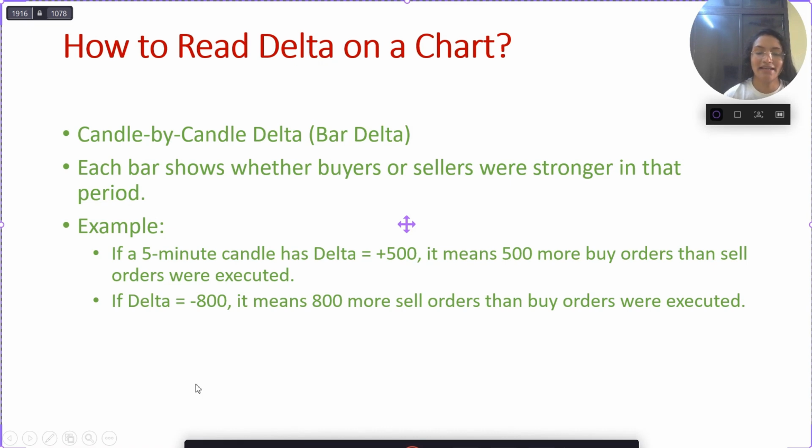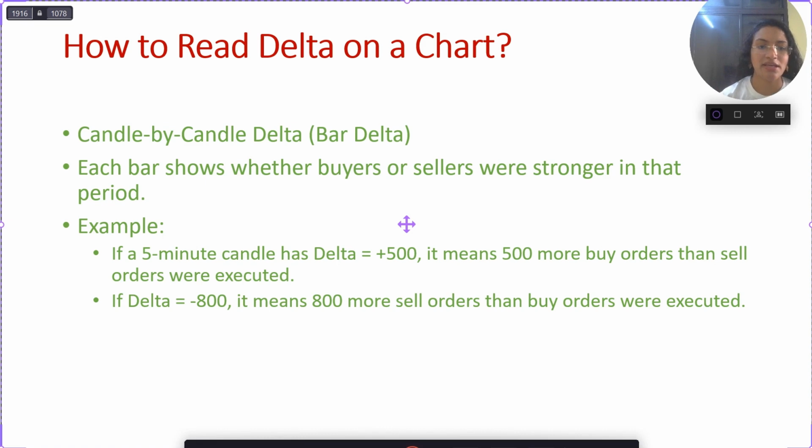How to read delta on a chart? You can read the delta on a chart candle by candle. Each bar shows whether the buyers or sellers were stronger in that period. For every candle, you will see whether it is positive delta or negative delta.